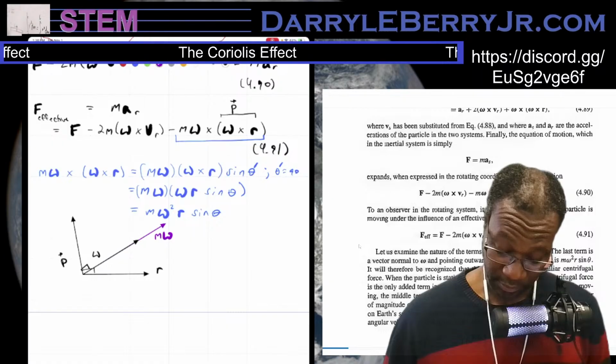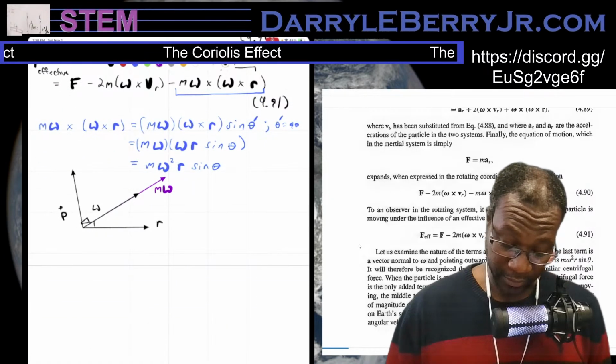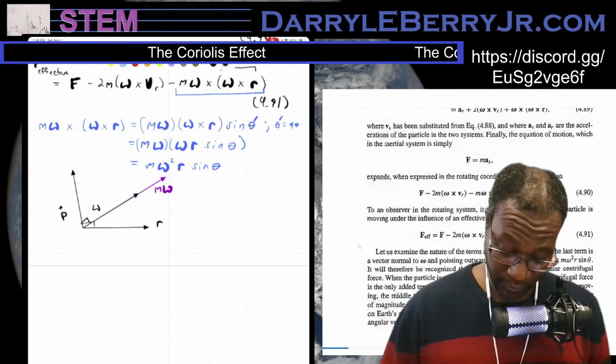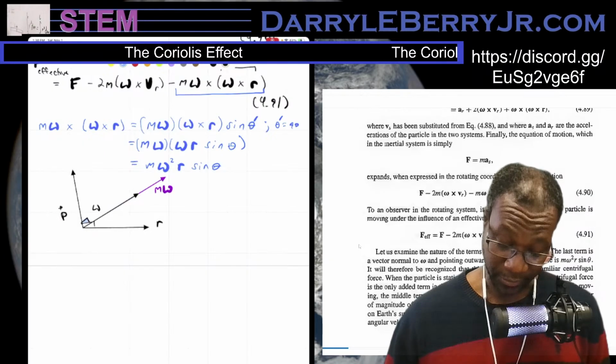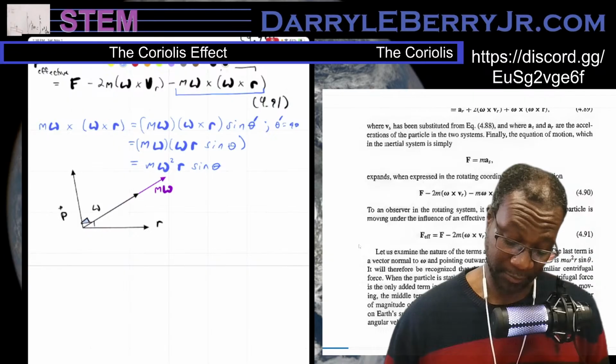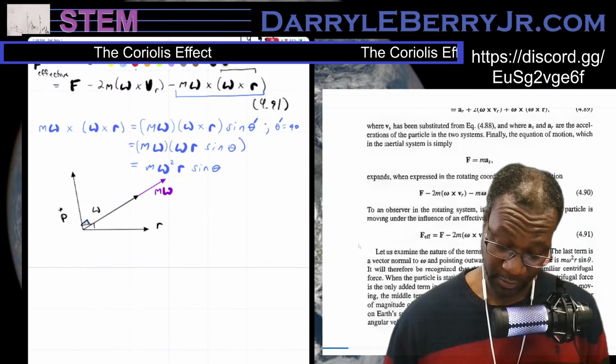So we can see that these angles are already at right angles to each other. This angle here marked in blue is 90 degrees to m omega by nature of the fact that P is at a right angle to omega r.